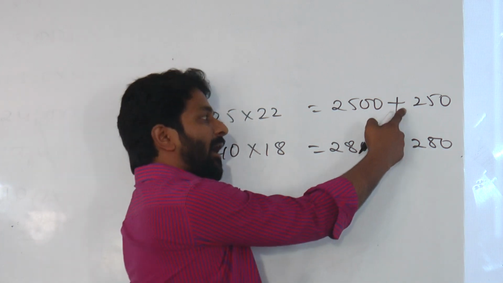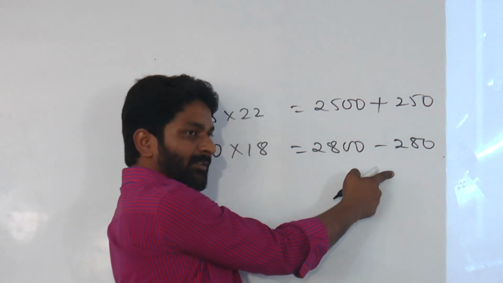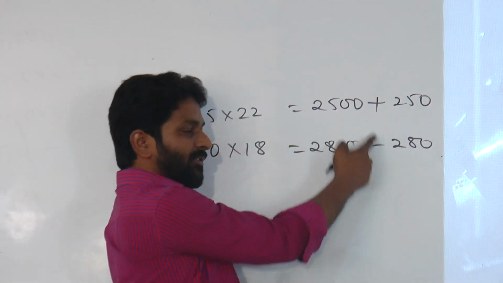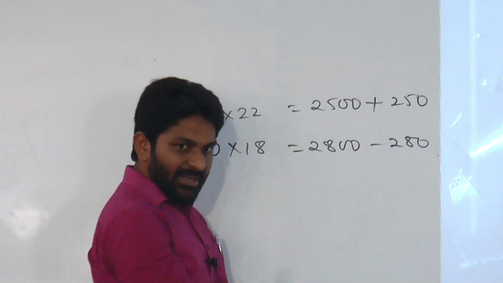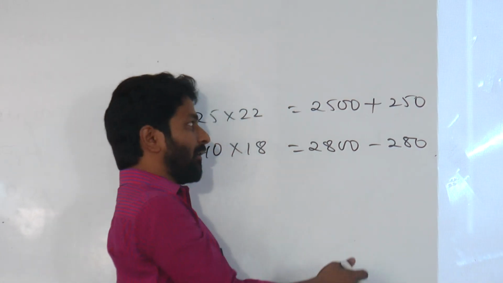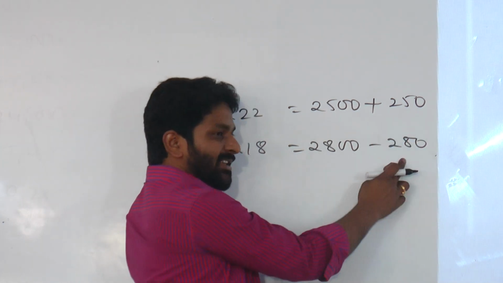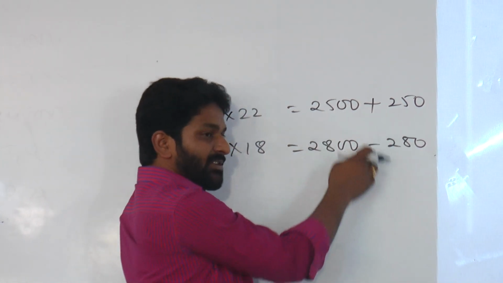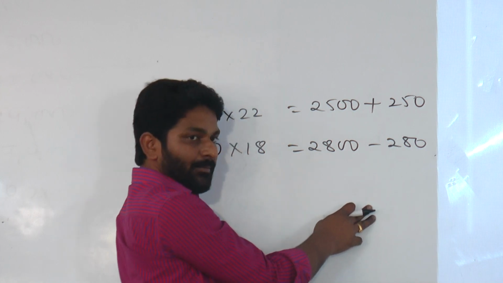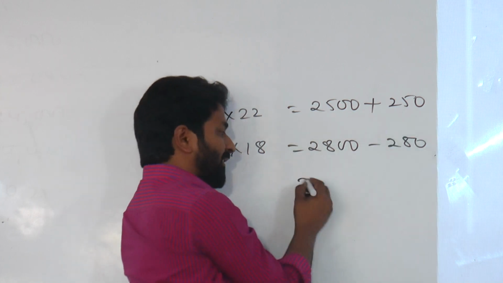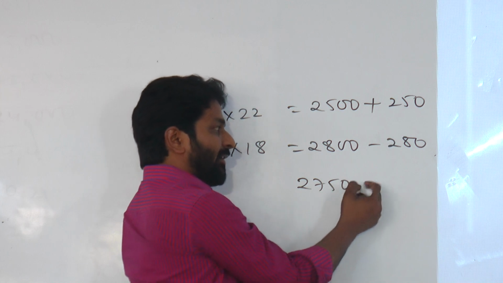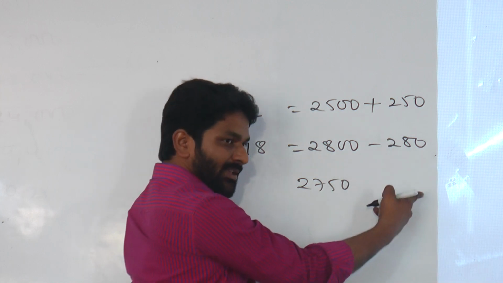I need to take difference of these two numbers, right? Difference of these two numbers, right? This is definitely 2750 something. This is less than that. Hence you need to take difference of these two numbers. Yes or no? Right. 2750 and minus of minus becomes plus.